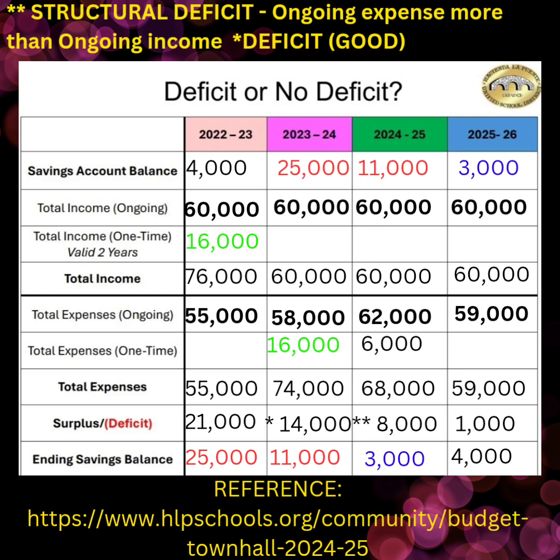What is your appropriate ongoing expenditure should be for that year? Towards the bottom, you will see total expenses ongoing. What should that expenditure be? Anywhere 60 or less, because that's being conservative. You know your ongoing income is 60,000.